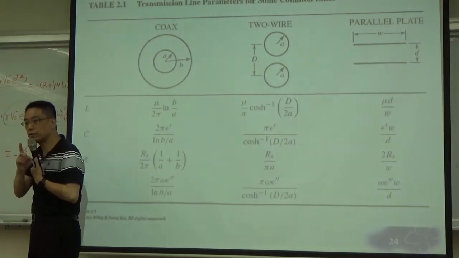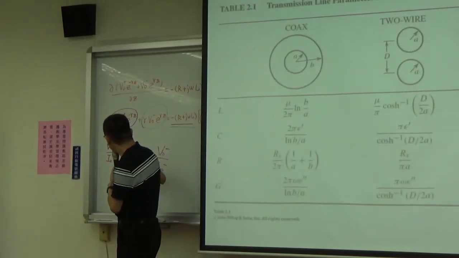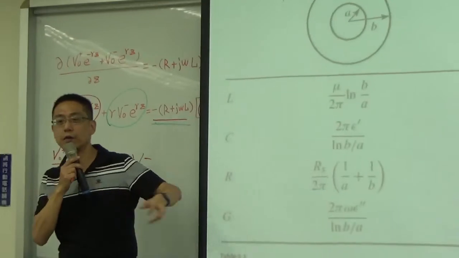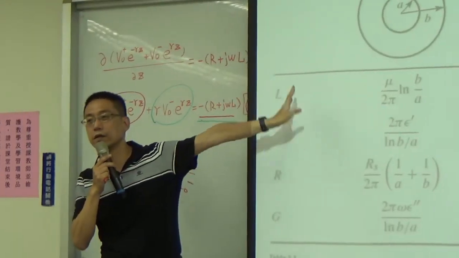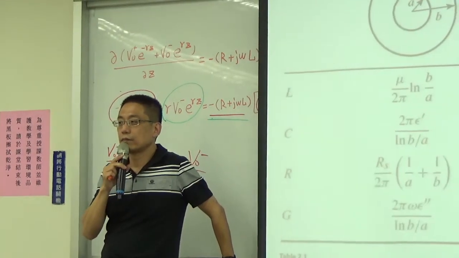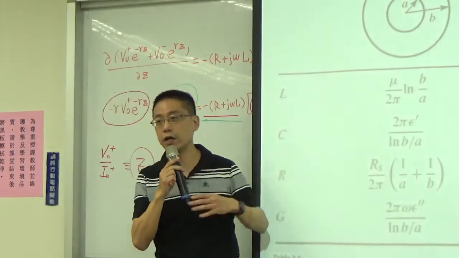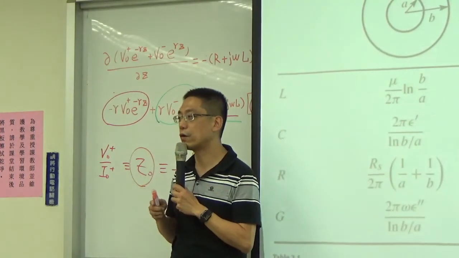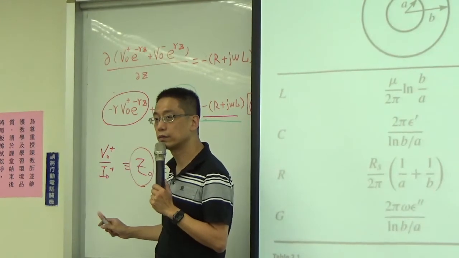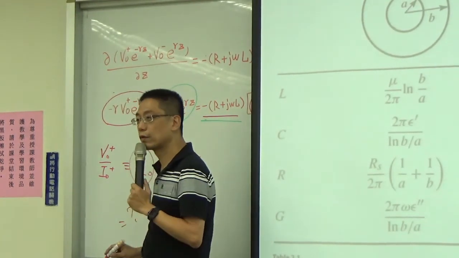So, what is the characteristic impedance for coaxial cable? Can anyone give me an answer? 5 points. For lossless coaxial cable, Z0 equals to what?